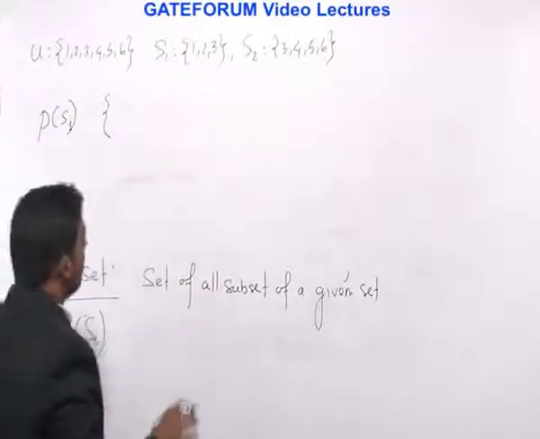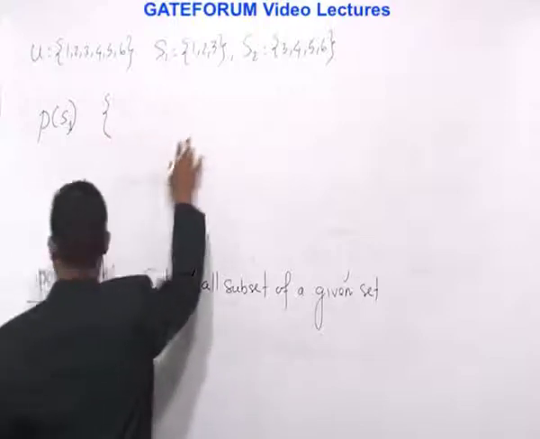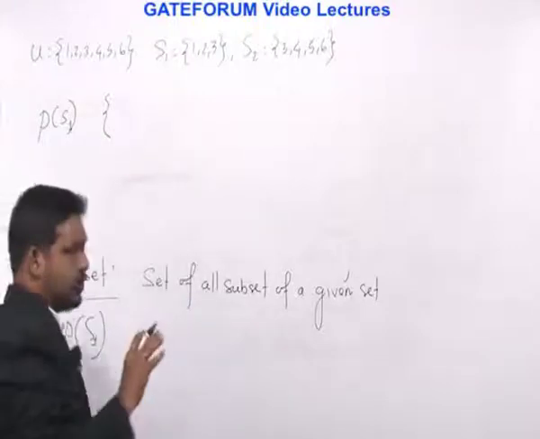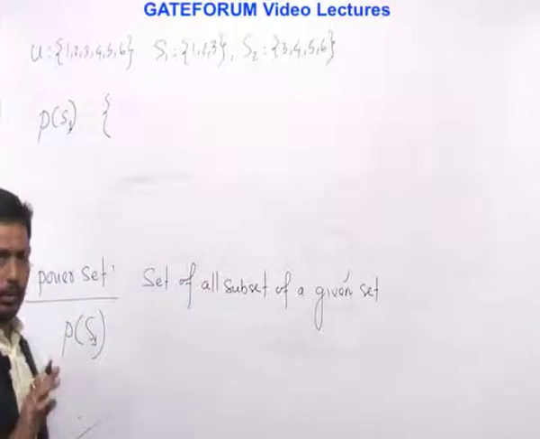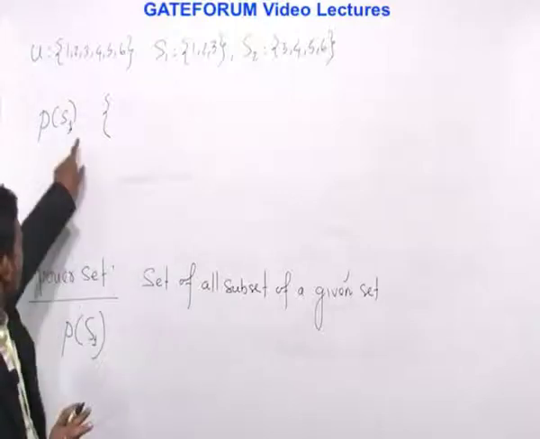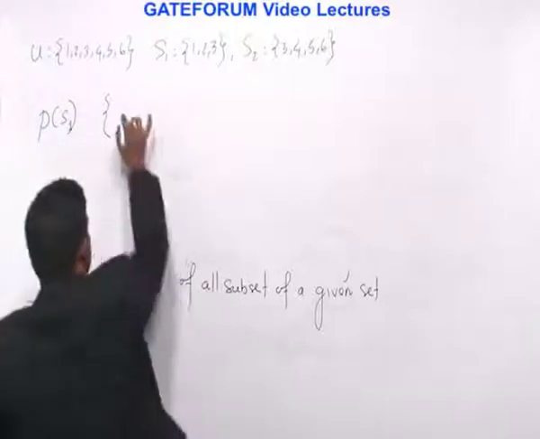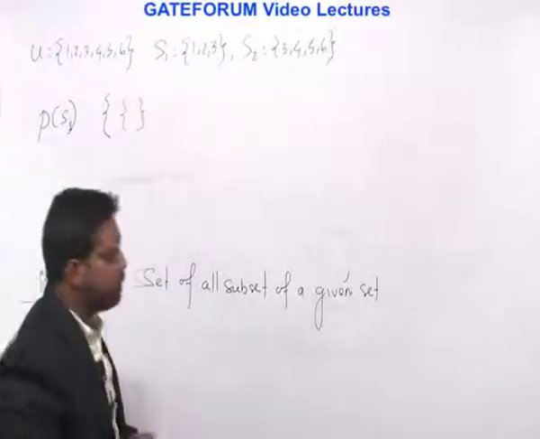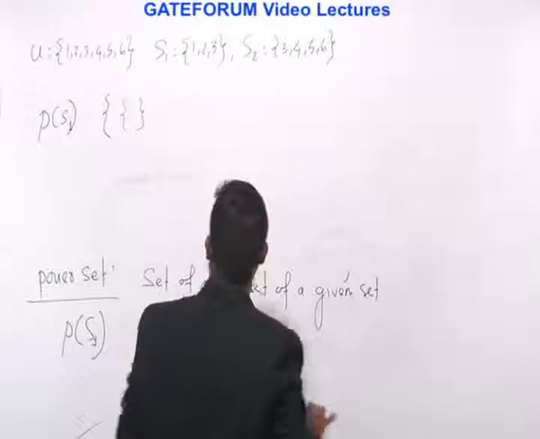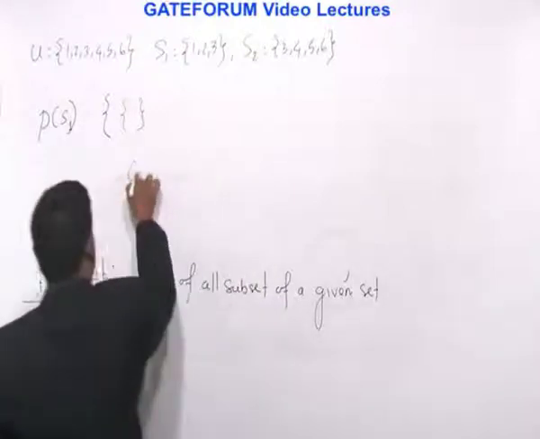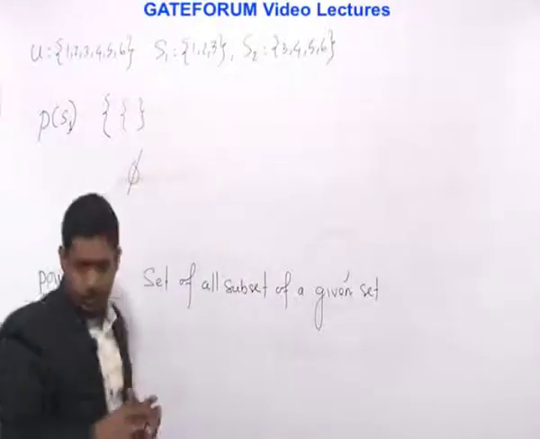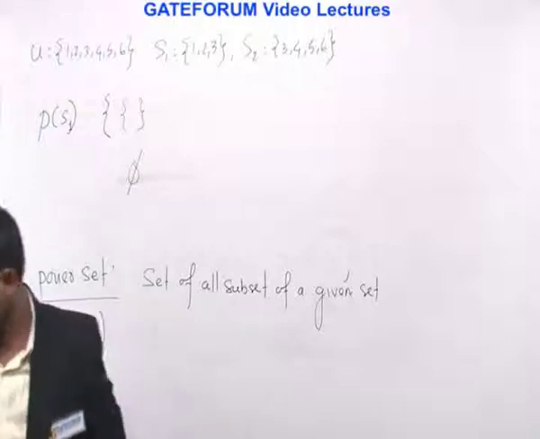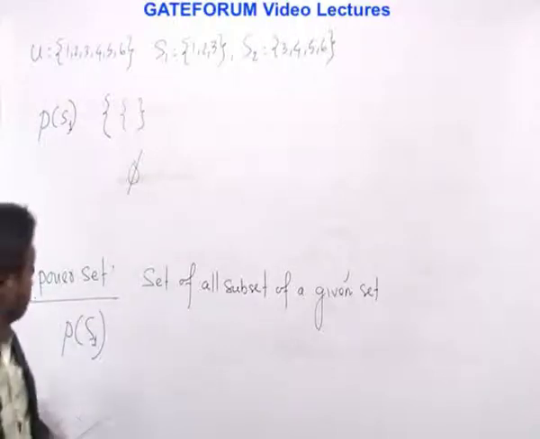That gives you your first notation of set theory, the null set. The symbolic notation for the null set or empty set is phi.